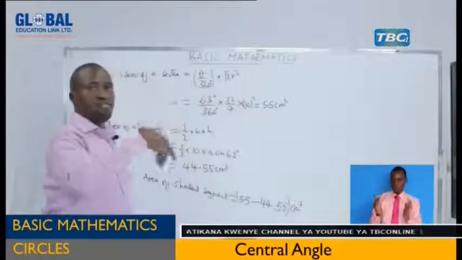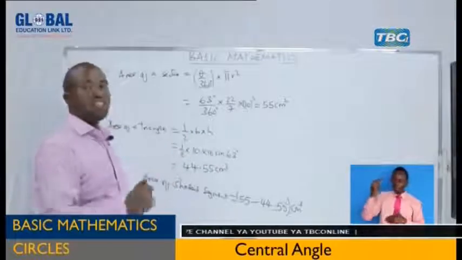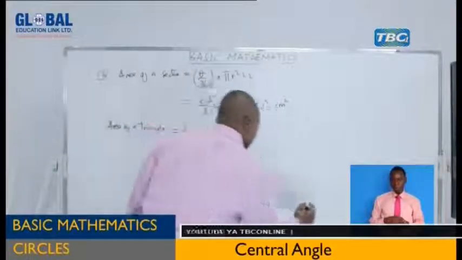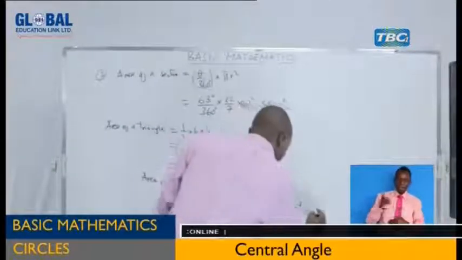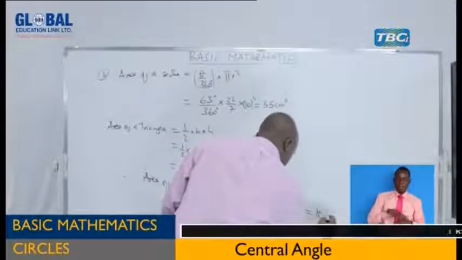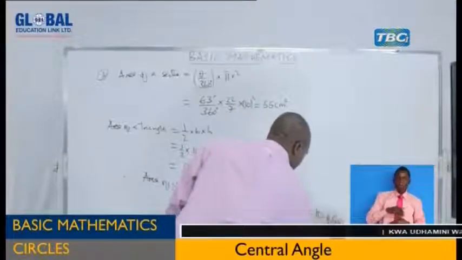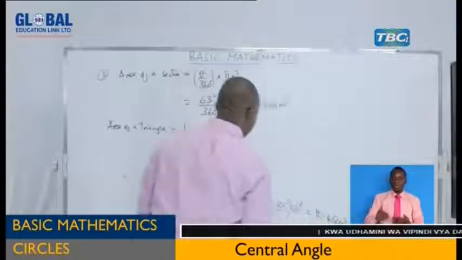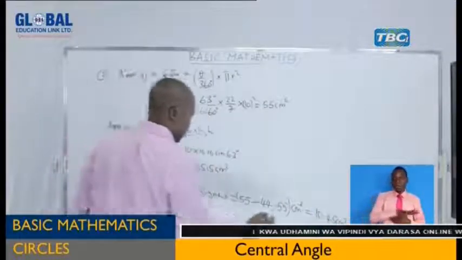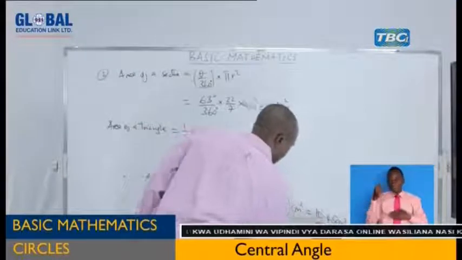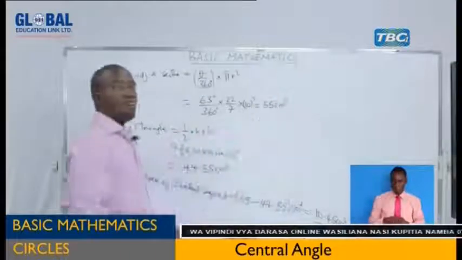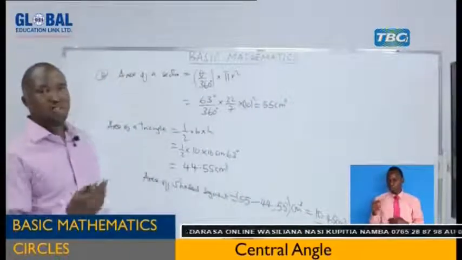Just take the area of a sector minus area of a triangle. So in this case we have 10.45 squared centimeters. That is the area of the shaded segment.